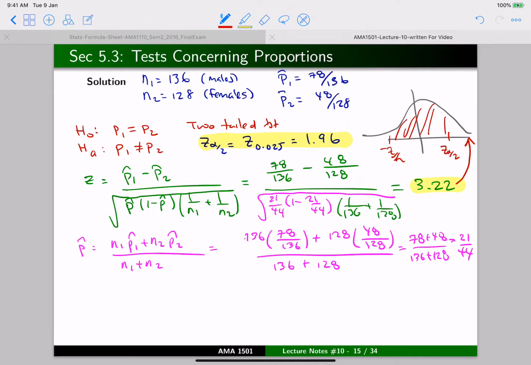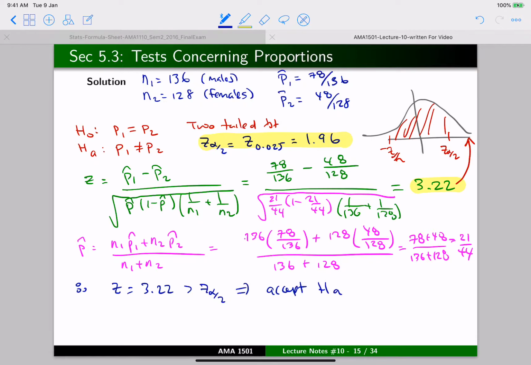Therefore, the test statistic is greater than z alpha over 2, which implies that we reject the null hypothesis and accept the alternative hypothesis.